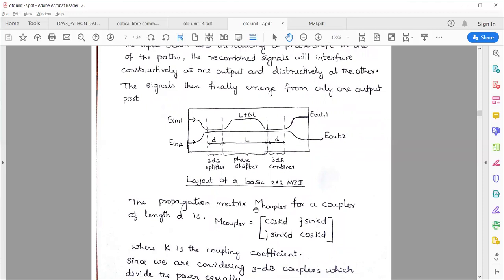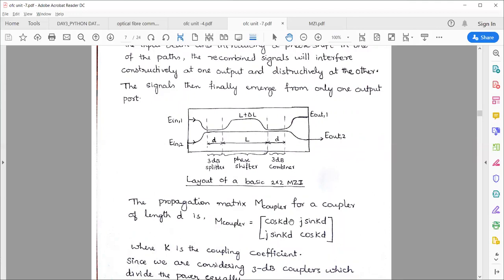Let me consider the propagation matrix of the coupler, or the 3 dB splitter and combiner. Both the 3 dB splitter and the 3 dB combiner have a width, or length, of small d.